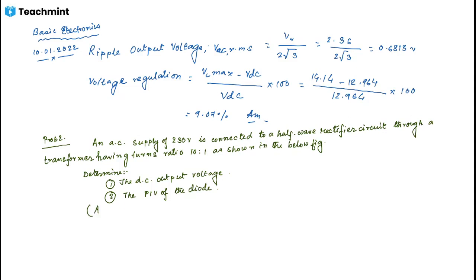In brackets it is written, assume the diode to be an ideal one.